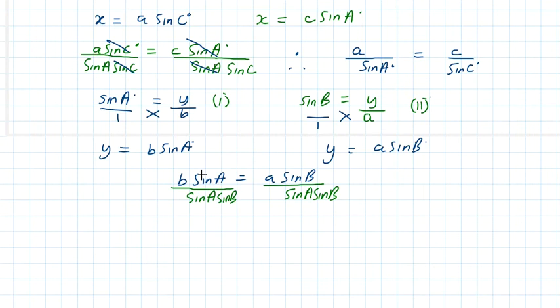So we can conclude that b over sine B is the same as a over sine A.